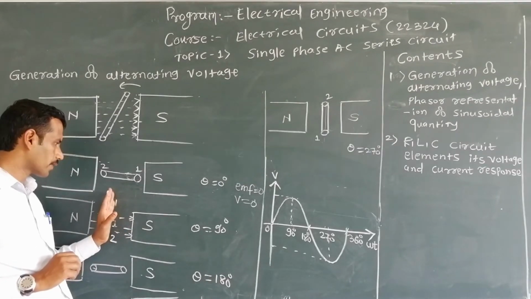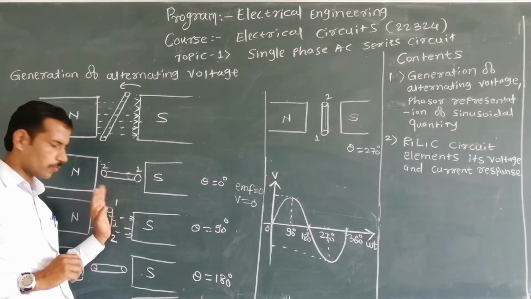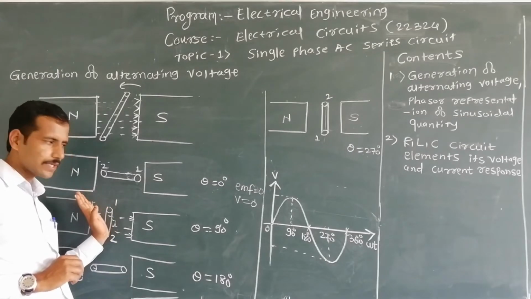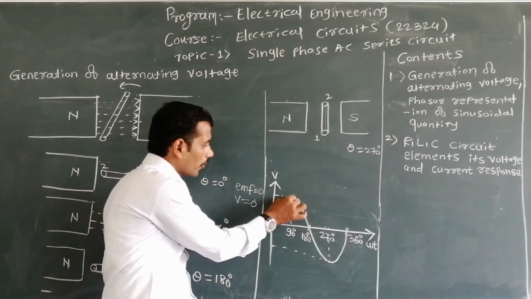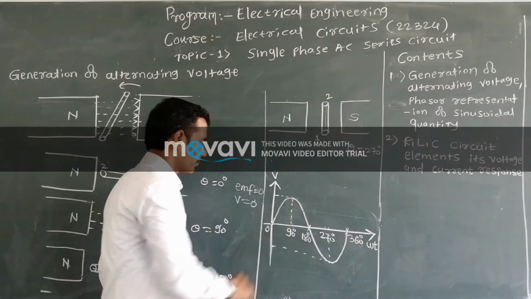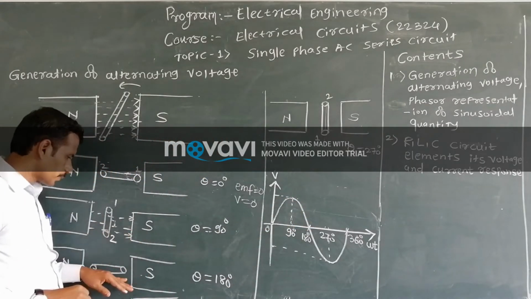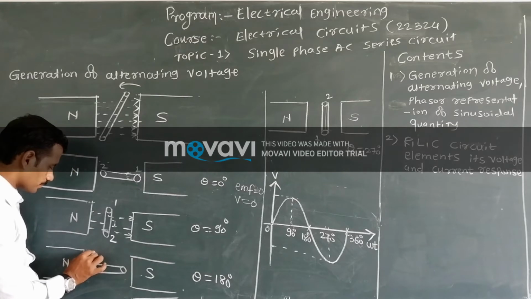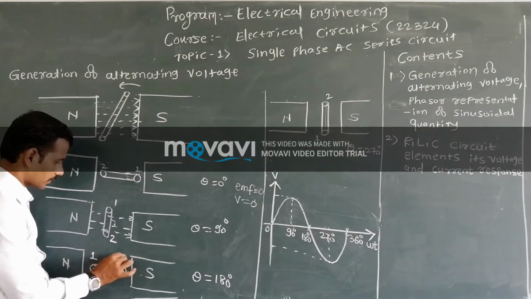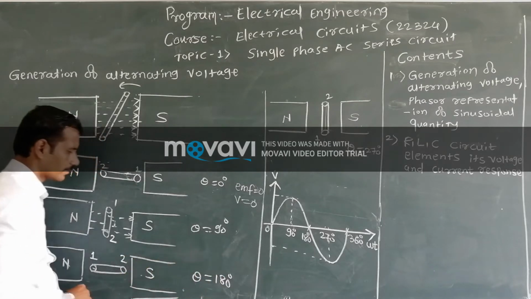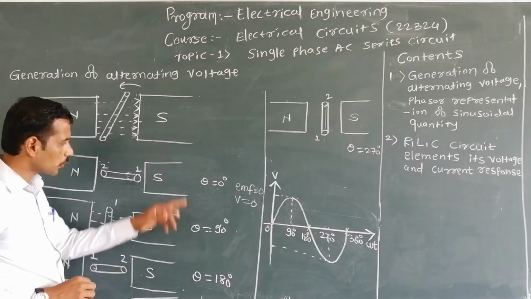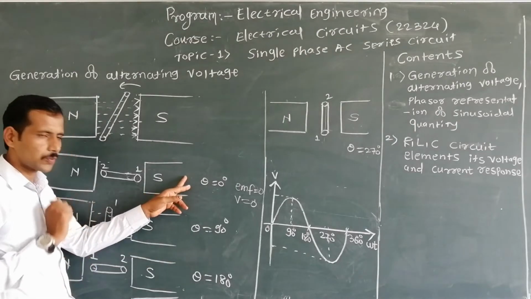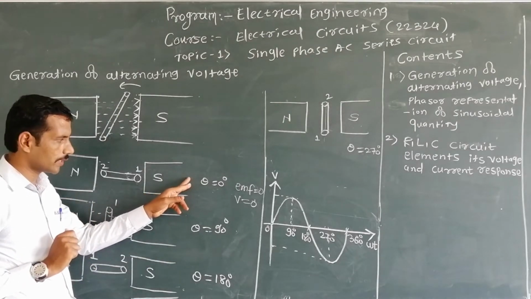Again flux cutting is gradually decreasing, so the waveform will be decreasing. 180 degree is the reverse position of the first position, theta equal to 0.